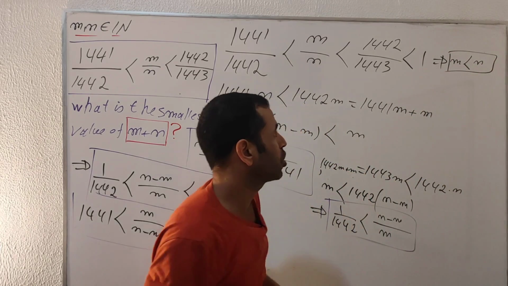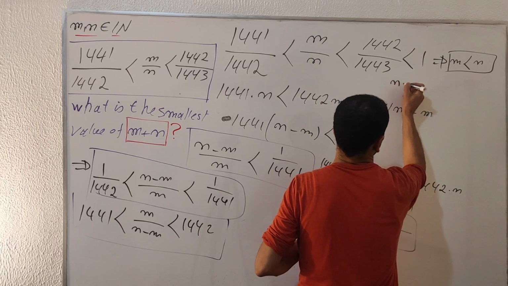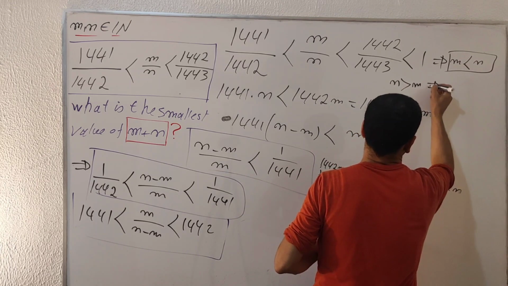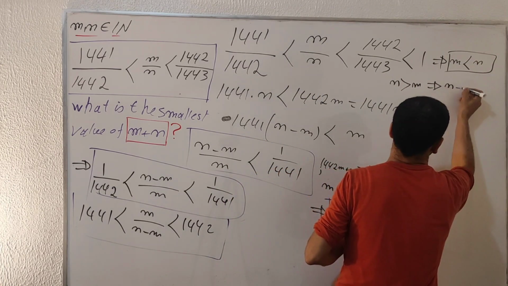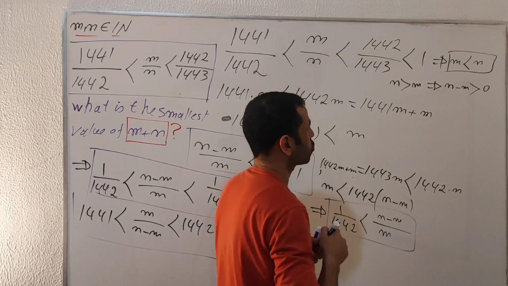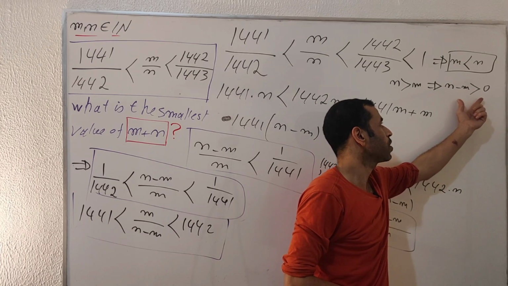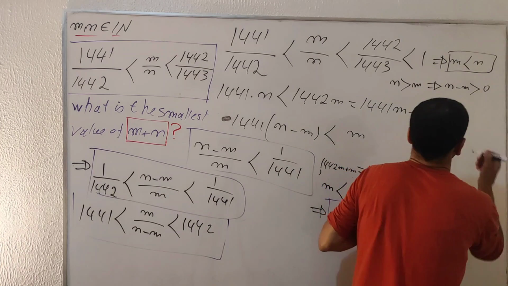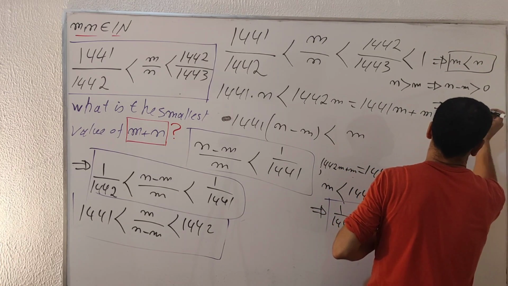If m is strictly inferior to n, I can rewrite it in the other direction: n is strictly superior to m. Then by taking this m to the right, I get n minus m is strictly superior to 0. So, if I would like to include the number 1 in this inequality, I get n minus m is superior or equal to 1, like this.